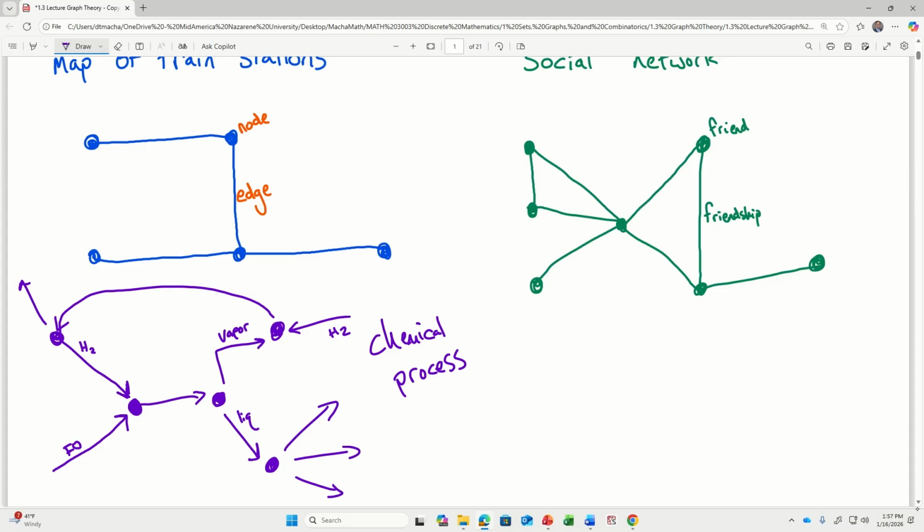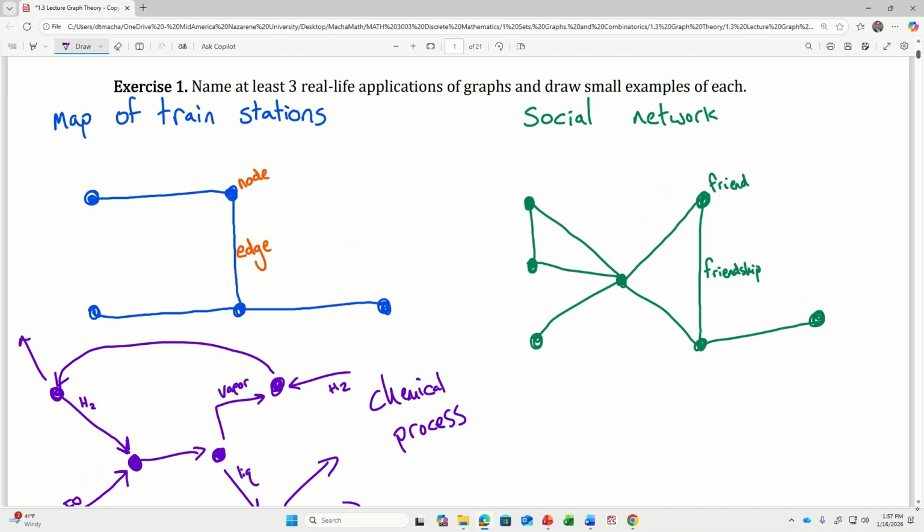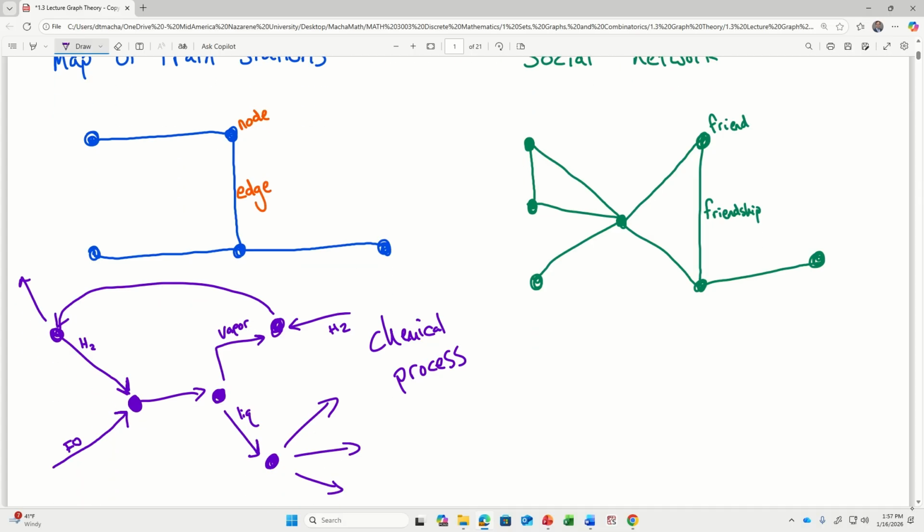So graphs can represent trains, they can represent social networks, they can represent chemical processes, they could represent electrical circuits. Graphs could be like the human circulatory system, right?